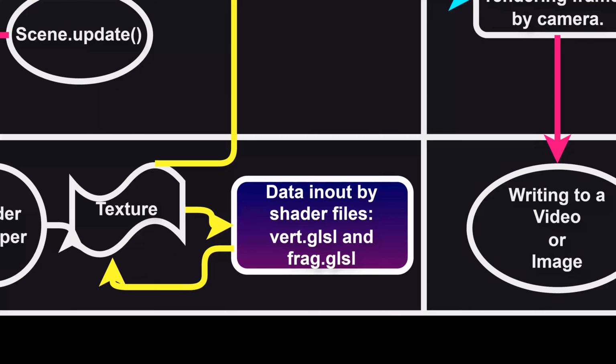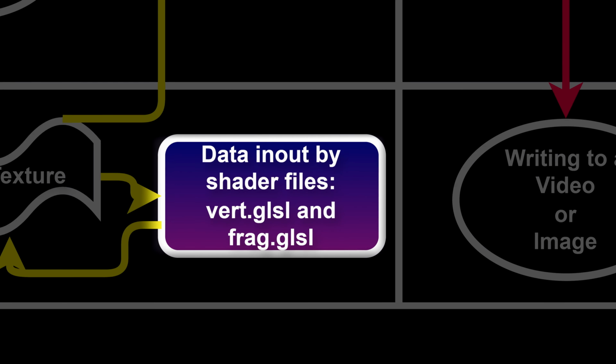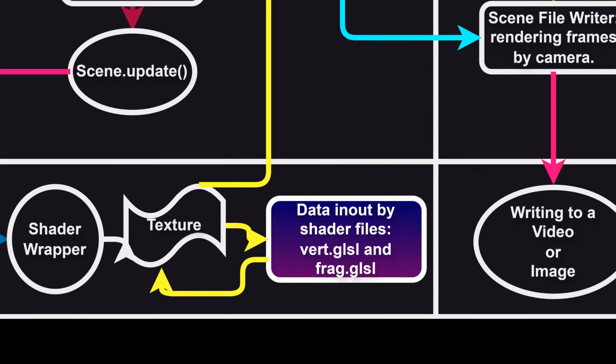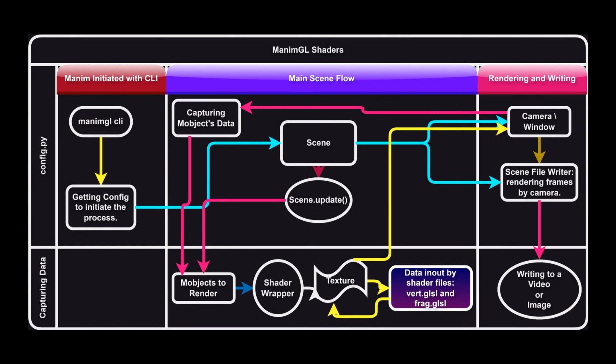Somewhere in the middle of this maze, we have two shader files, vert.glsl and frag.glsl. These files have unique roles in OpenGL shading language or GLSL that we will visit in more detail in the next video. In essence, these files modify the data which is extracted by the texture of the ModernGL setup within Manim's camera or window to render it.